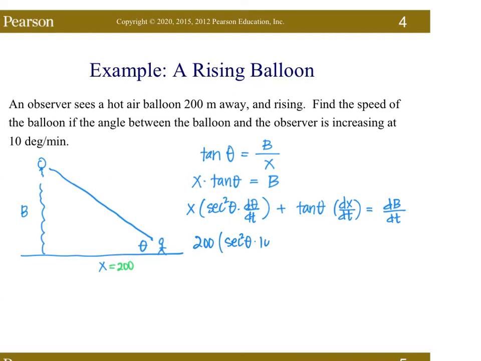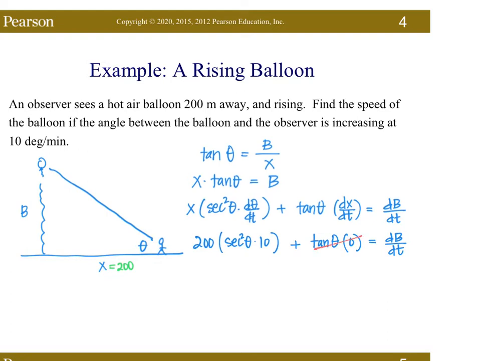So I can substitute 10. I don't have tangent of theta yet either. And then I've got dx dt, which is the speed of the person. Again, the person is just observing, and they're standing still. So that would be 0. And then dB dt is the rate at which the balloon is changing, which is what I'm going to answer the question with, which is find the speed of the balloon.